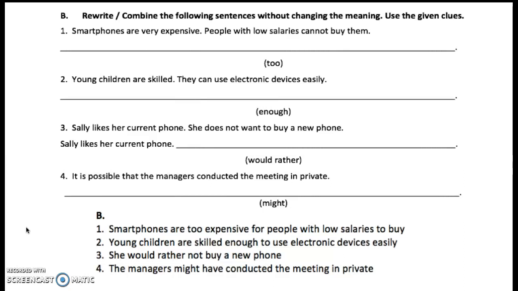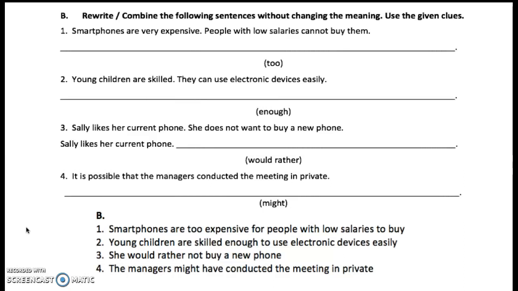Here, the grammar structure is to plus adjective plus for plus somebody or something plus to plus verb 1. Number 2, the grammar structure is adjective plus enough plus to plus verb 1.